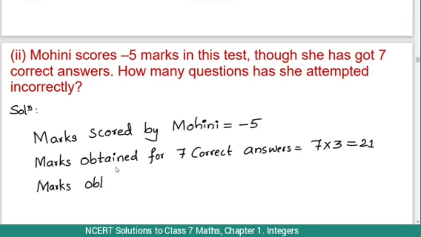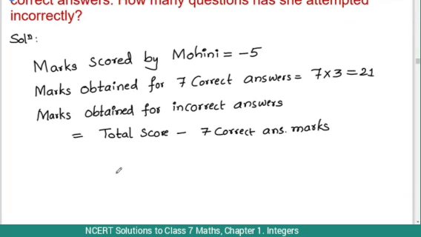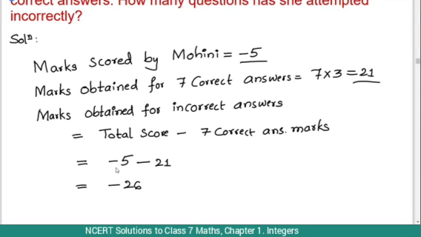Now we have to find out marks obtained for incorrect answers. Marks obtained for incorrect answers is equal to total score minus 7 correct answer marks. Total score is minus 5 and for 7 correct answers she got 21. Then it is minus 5 minus 21, which is equal to minus 26.